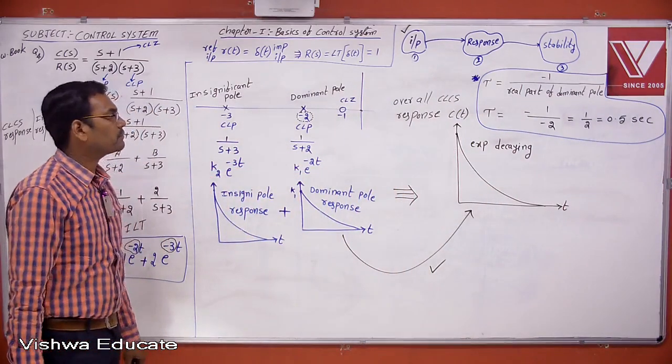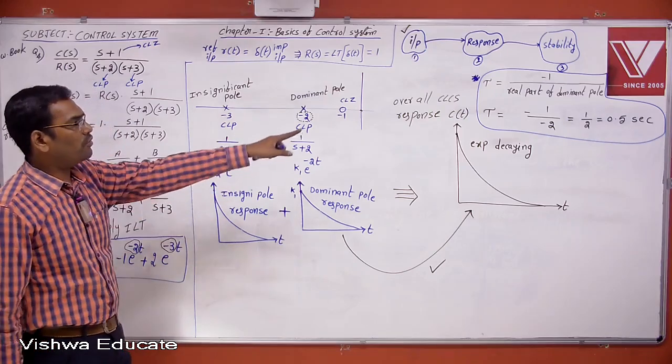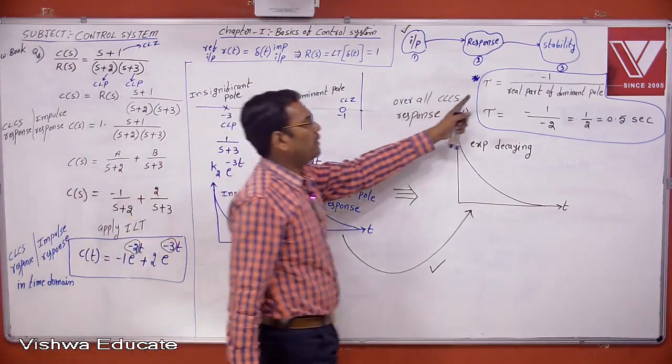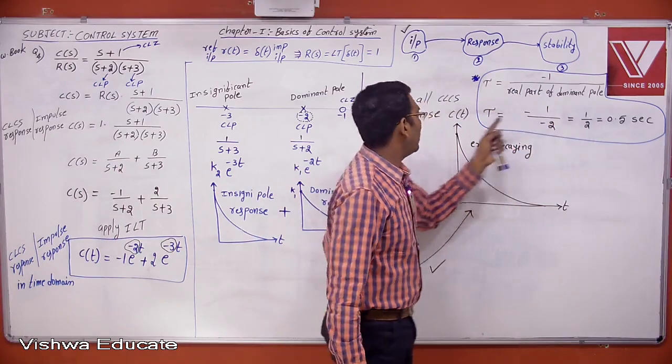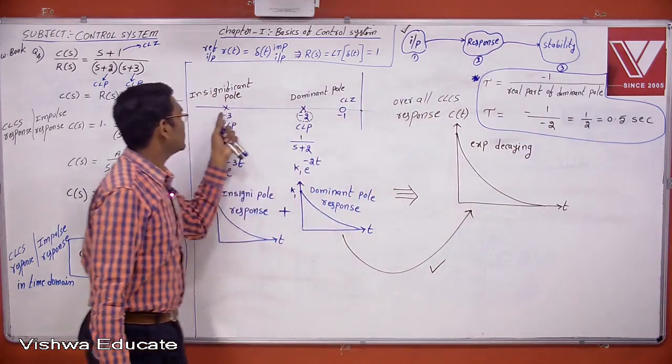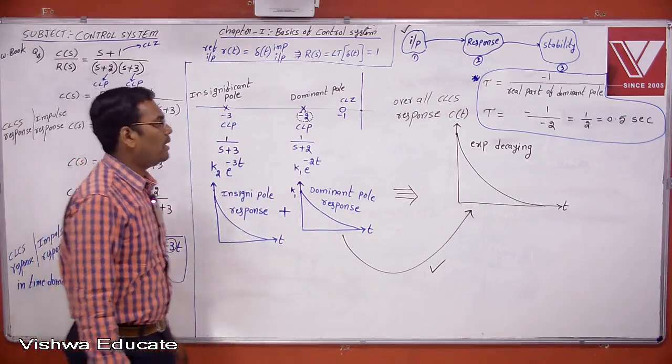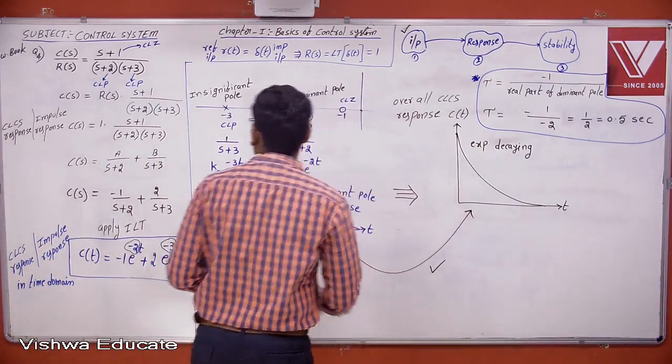This is the way to find the system time constant, negative of the reciprocal of the real part of the dominant pole, and this is the dominant pole, this is the insignificant pole, and this is the closed loop control system response.